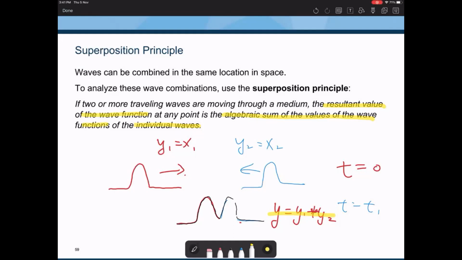But the fundamental principle is the superposition principle. So the superposition principle tells us that when two waves meet, the resultant of the wave at any point is due to the algebraic sum of the amplitudes of individual waves. So that is the idea in general.